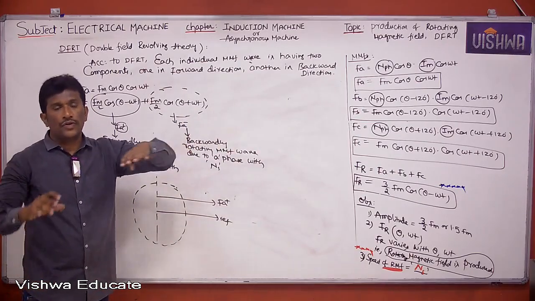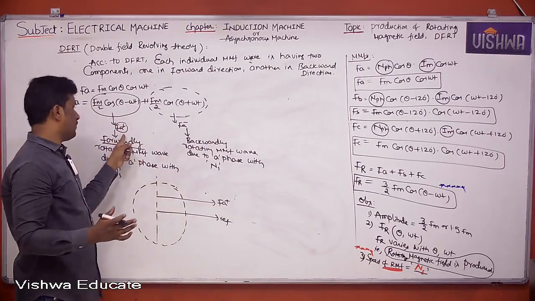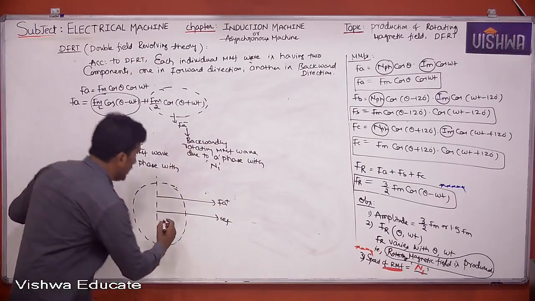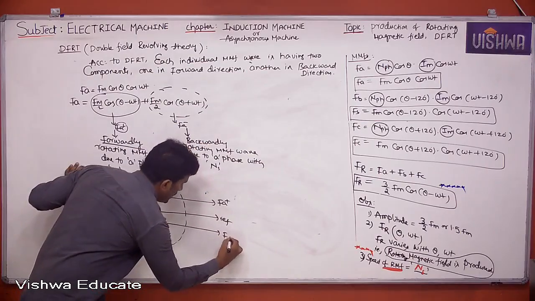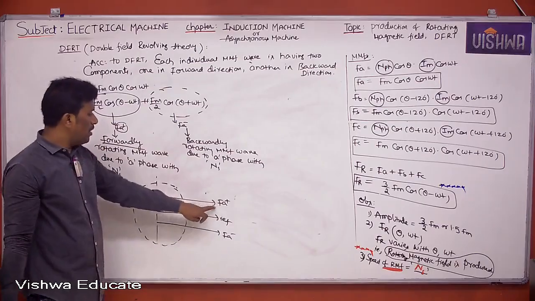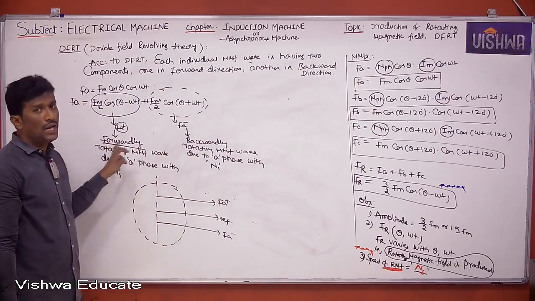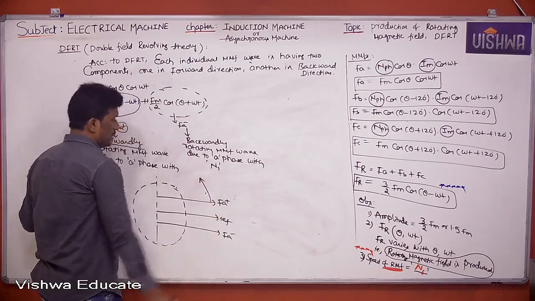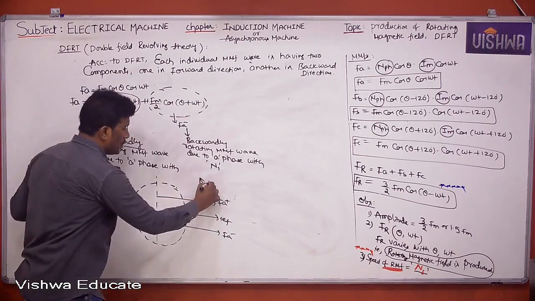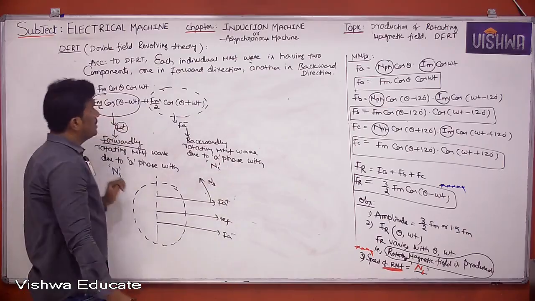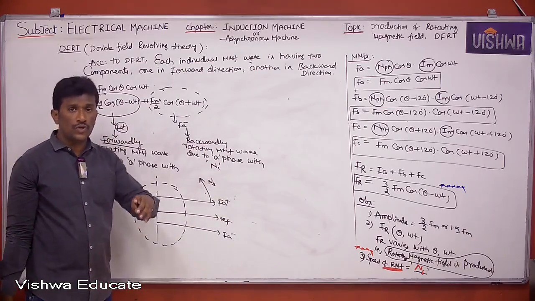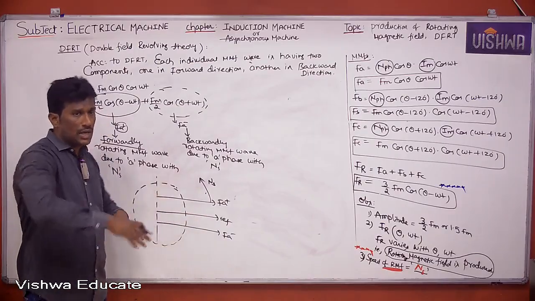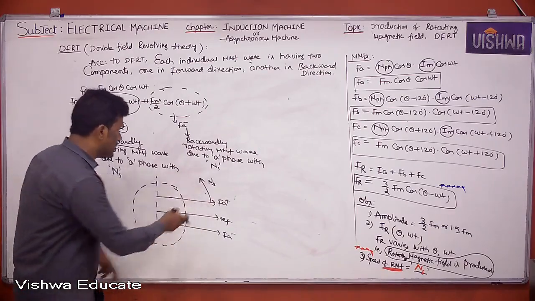I told you FA plus is a forwardly rotating MMF wave. With what speed is it rotating? Ns. It is not compulsory that you assume like this only. I'll take forward to mean anti-clockwise.